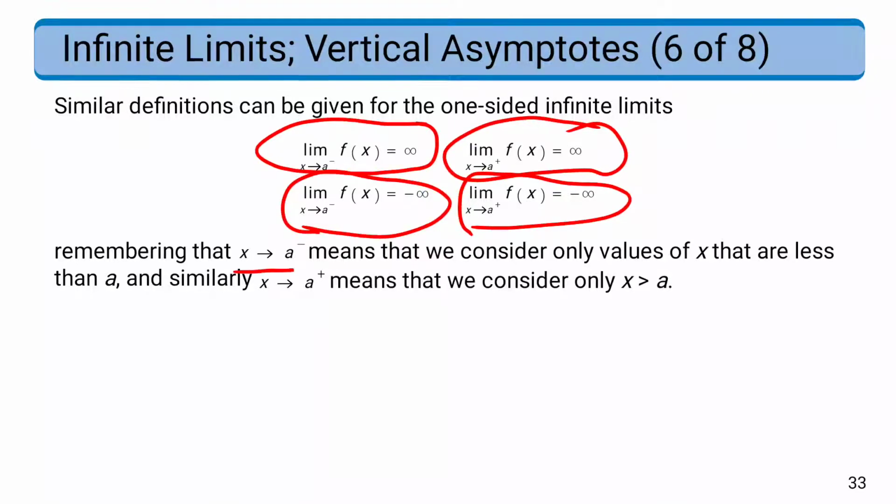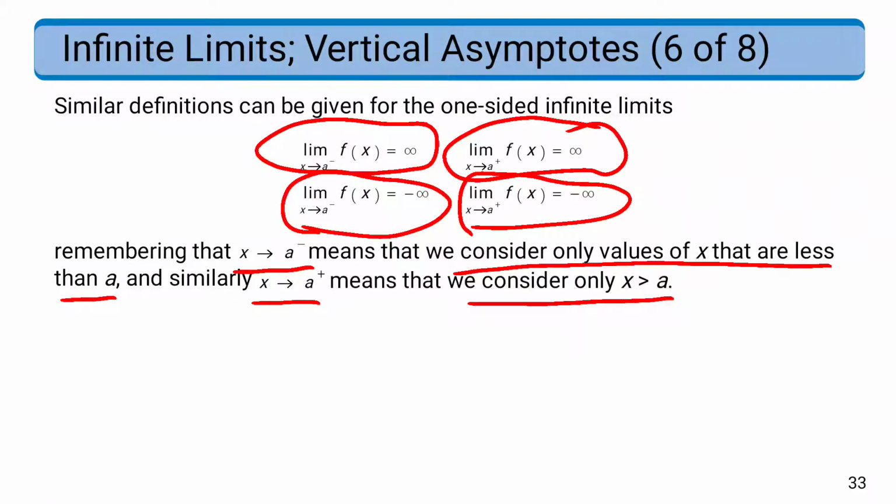This notation means that as x goes to a from the left, remember, we consider only values that are less than a. Similarly, as x approaches a from the right, we consider only values of x which are greater than a.